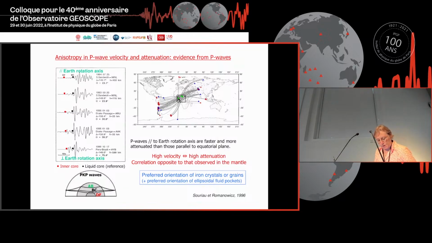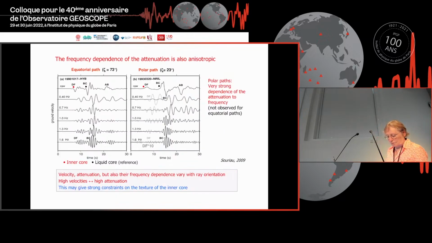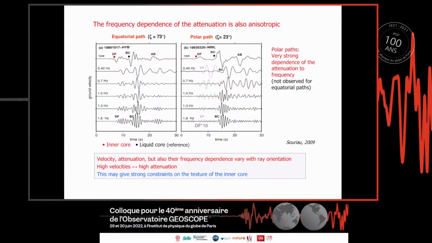So if we consider these two records at different periods, here is the path parallel to the equatorial plane, and here the path parallel to the rotation axis at different frequencies.